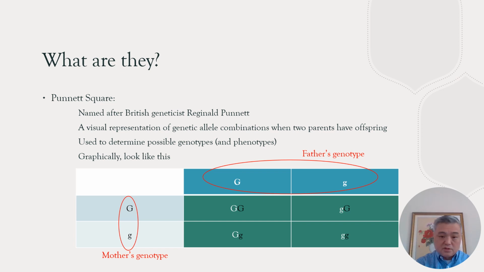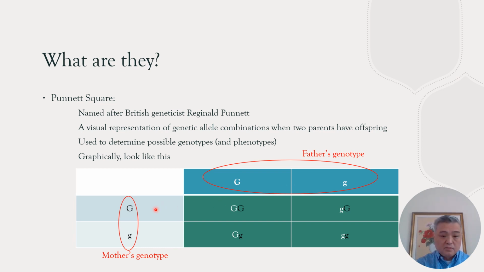Because he produces sperm that are haploid, that is, they only have one allele of the gene, this box here represents one sperm, and it has a big G allele. The other sperm produced by the father has a little g. Sperm can only contain one allele, not both.